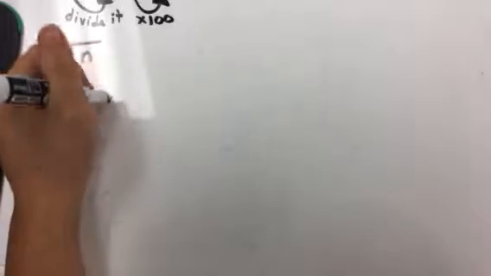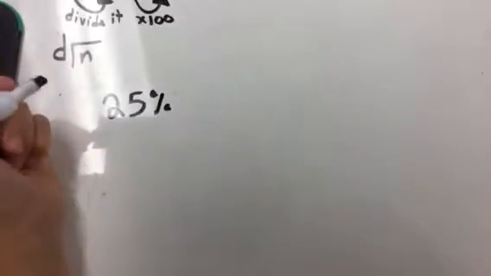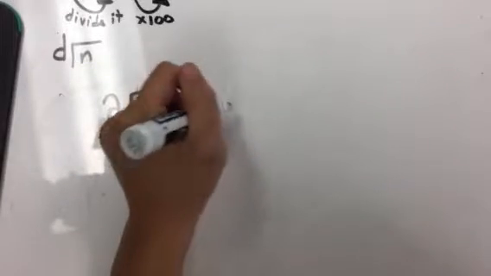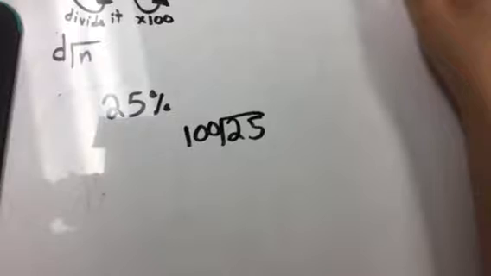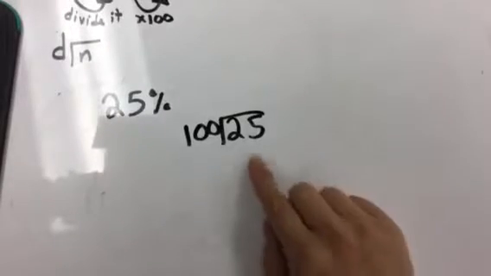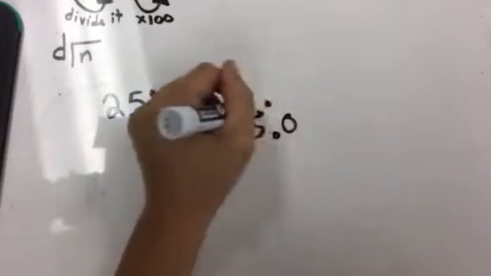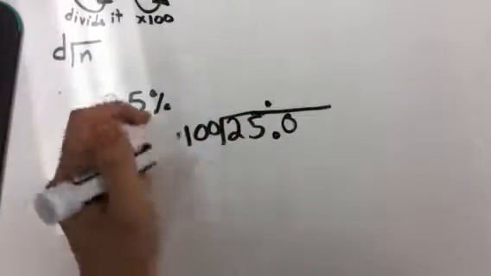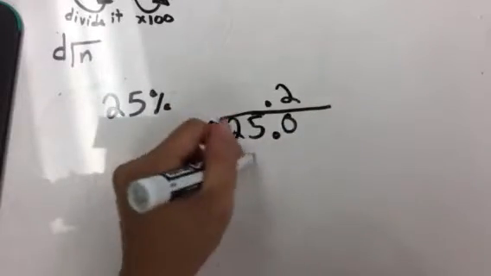If we did another one, like 25%, that's a very standard one. We just divide by 100. 25 divided by 100 would look something like this. Again, we have the decimal on the inside and the percent on the outside. I would just add my decimal and my 0 and proceed. So 100 goes into 250 2 times.